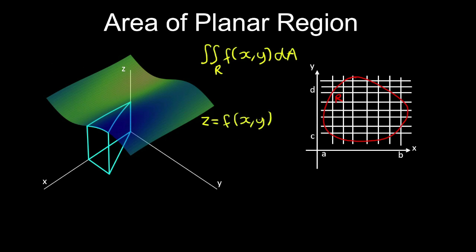Now if we take this function equal to 1, then we get a plane z equals 1. And therefore this integral becomes a double integral over the region. So this is essentially the area of a closed bounded region R in the xy plane.